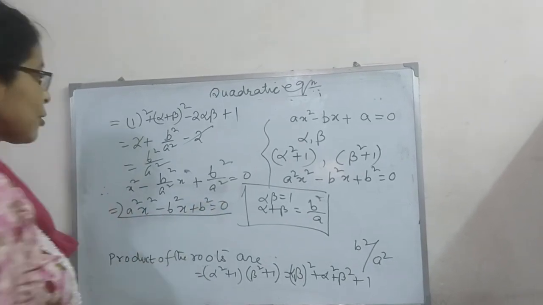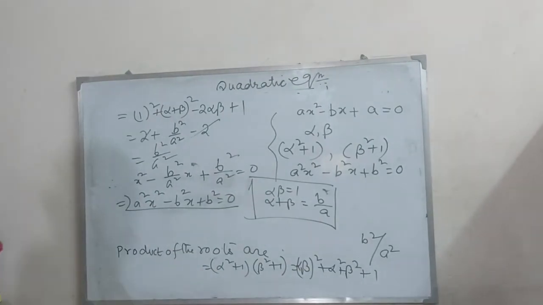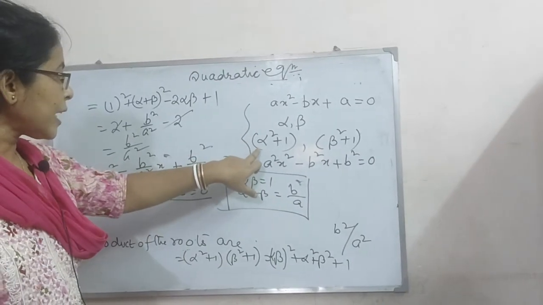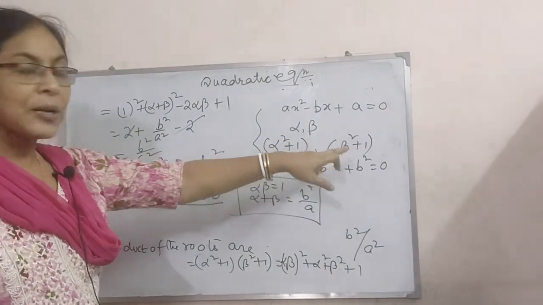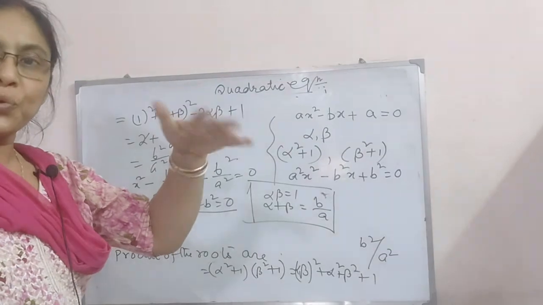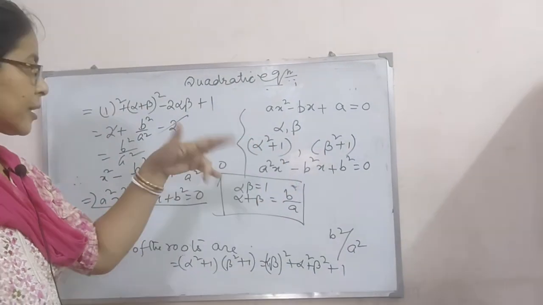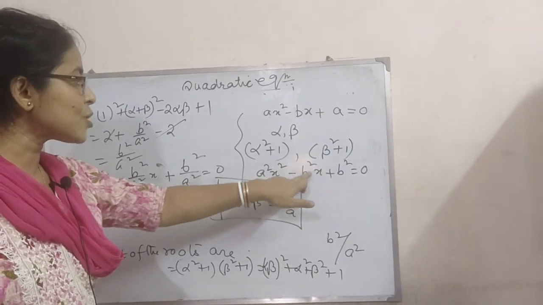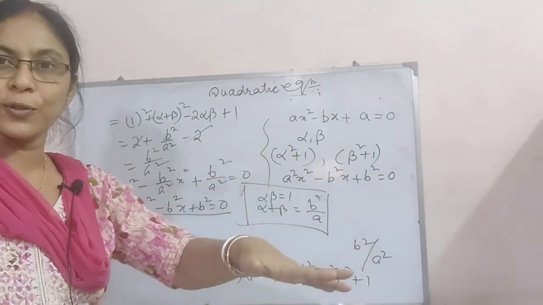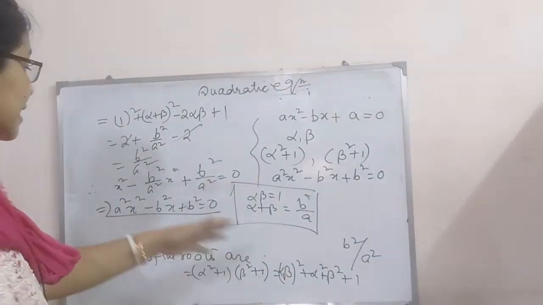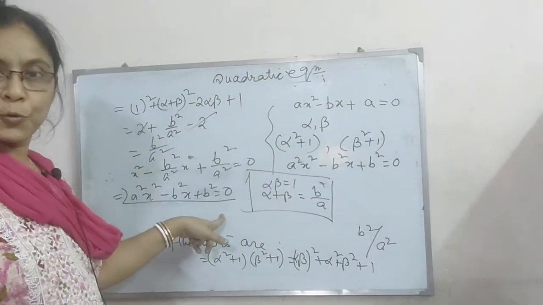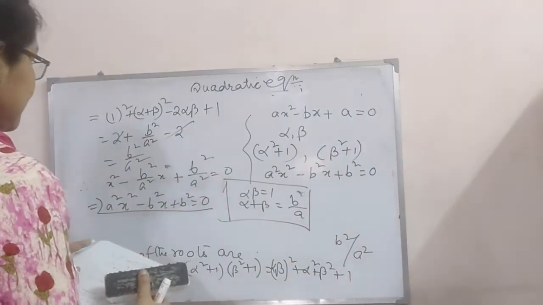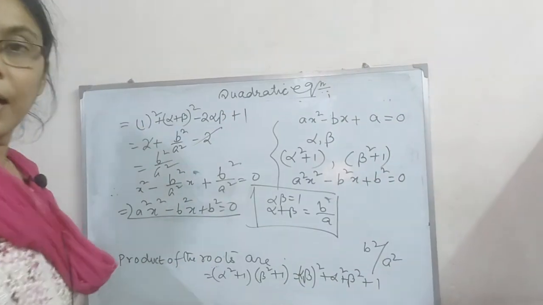This is the required equation. When alpha square plus 1 and beta square plus 1 are the two roots of the new equation, then the equation is a square x square minus b square x plus b square equal to 0. We had to prove it, and hence it is proved. I am ending here.